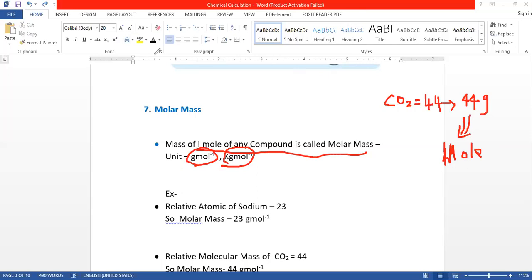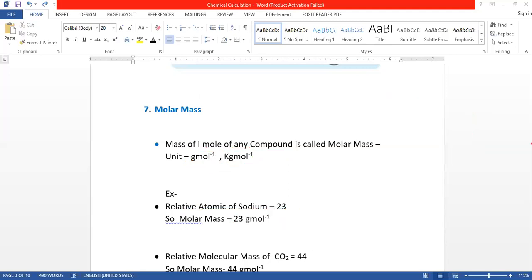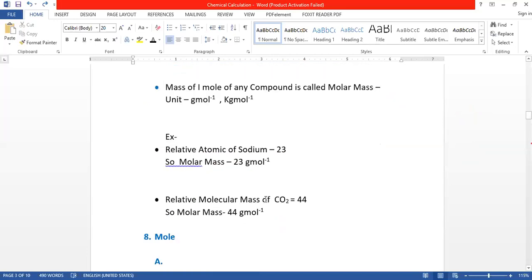For example, the relative atomic mass of sodium is 23, so the molar mass of sodium is 23 gram mole minus 1. The difference between these two is very important. Come to this one now. The relative molecular mass of carbon dioxide is 44. So the term molar mass can be common for atoms and molecules.